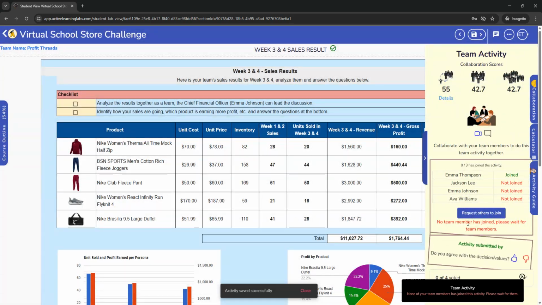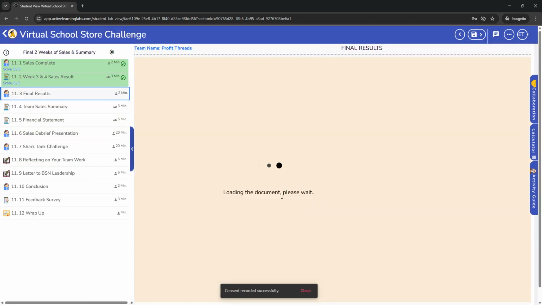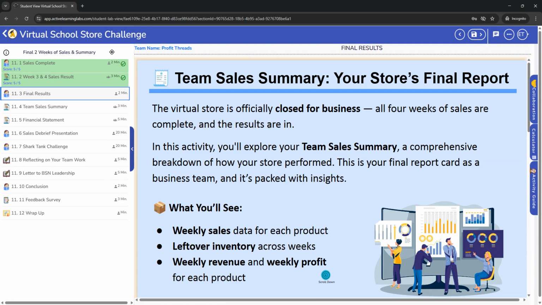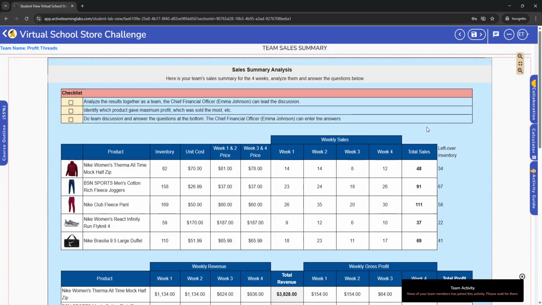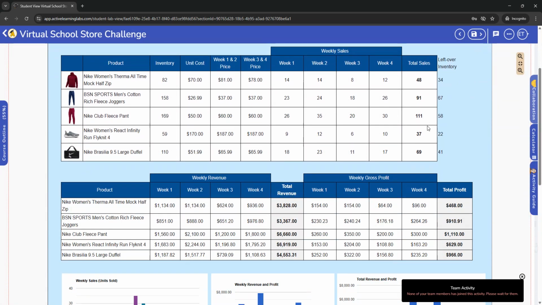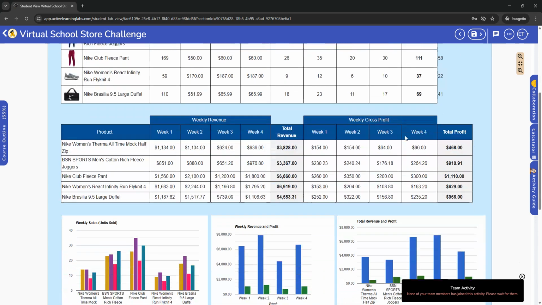Next, after they analyze the results, they will see the summary of the final results of how much they earned over the 4 weeks of sales. That's the team sales summary here. It has inventory, cost, week 1 and 2 price, week 3 and 4 price, which is the updated price, and each week by week sales.